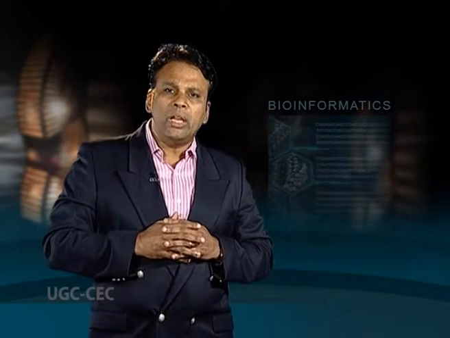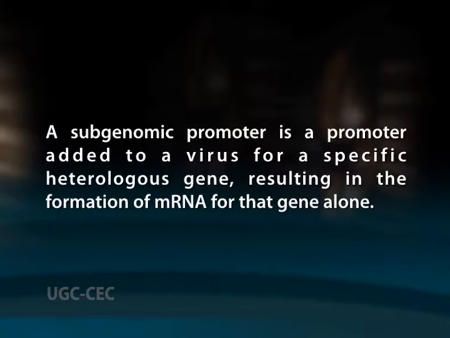Possible mechanisms behind this regulation include sequences in the promoter region, chromatin modification, and the spatial orientation of the DNA. A subgenomic promoter is a promoter added to a virus for a specific heterologous gene, resulting in the formation of mRNA for that gene alone.